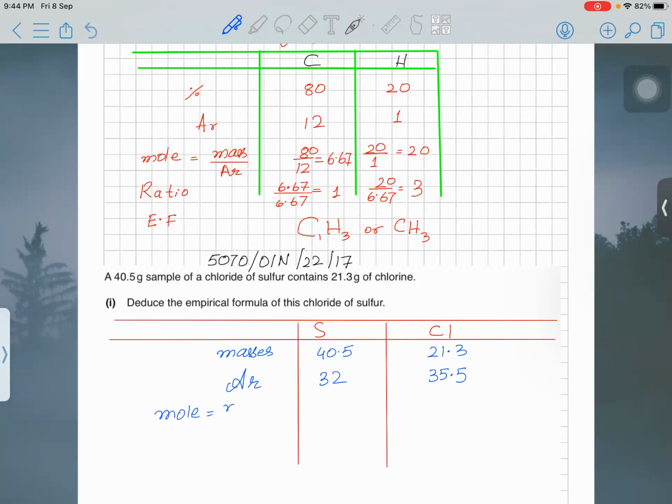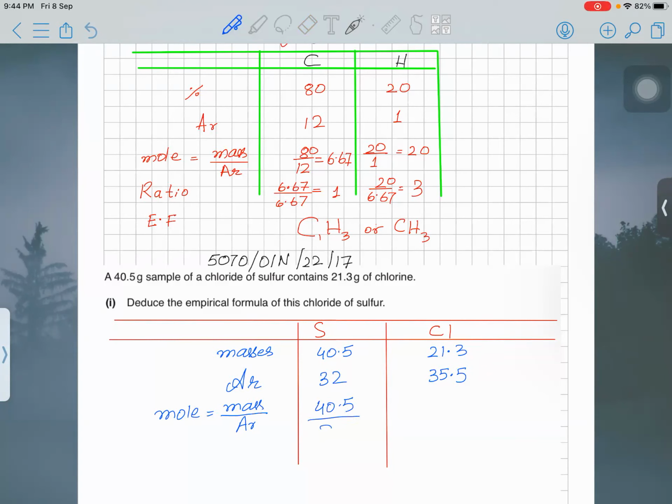Then mole is equal to mass over AR. So 40.5 divided by 32. Sir, it's for which one? 40.5 divided by 32, sir.